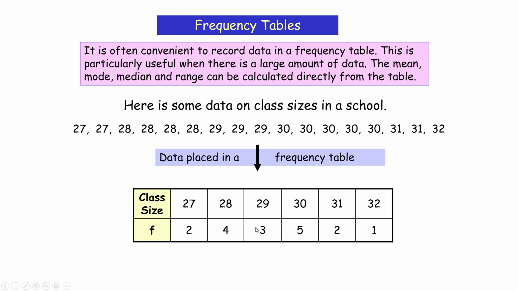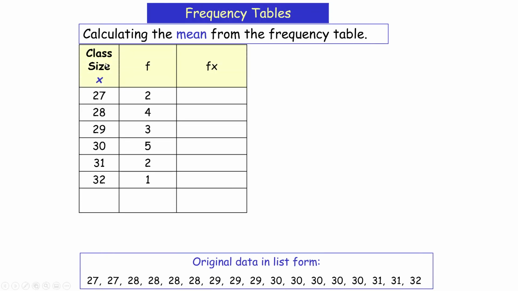Now we can use this table to work out the mean. So if we set it out like this, class sizes 27 to 32, the frequency 2 of 27, 4 of 28, and so on. And here we can work out the total.